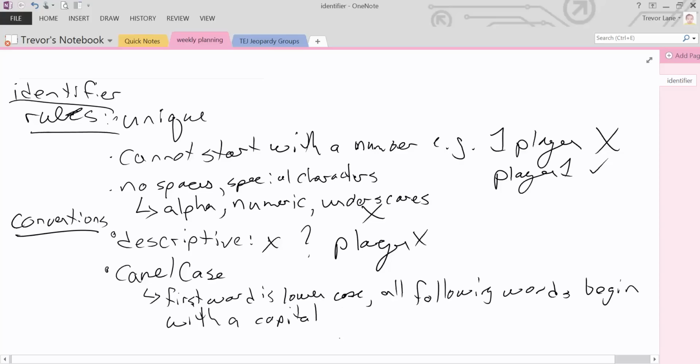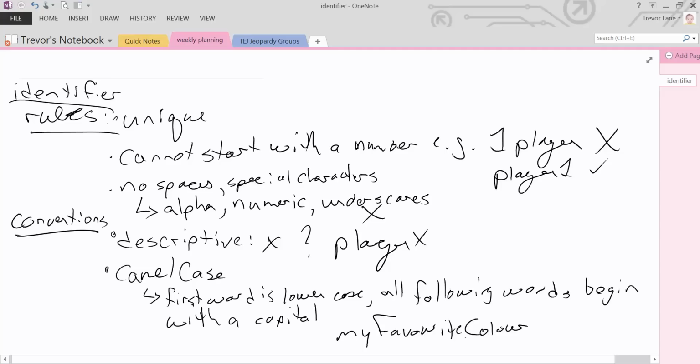So for example, myFavoriteColor. What you can see here is that my is all lowercase, favorite and color are both in uppercase, only for the first letter though.